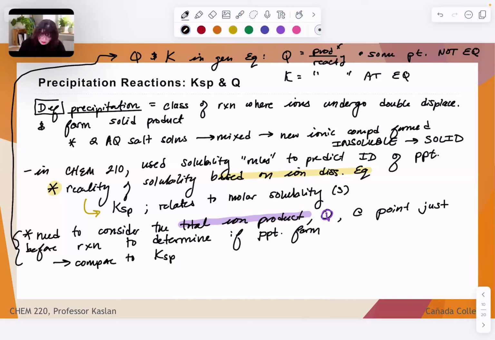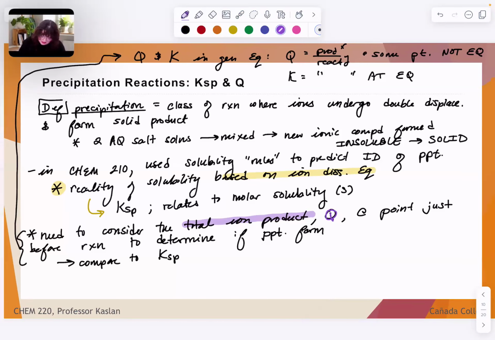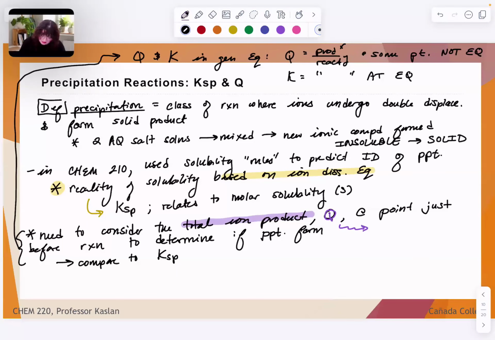This is called the total ion product because it has the same form as KSP, but we are not at equilibrium, just like our reaction quotient.